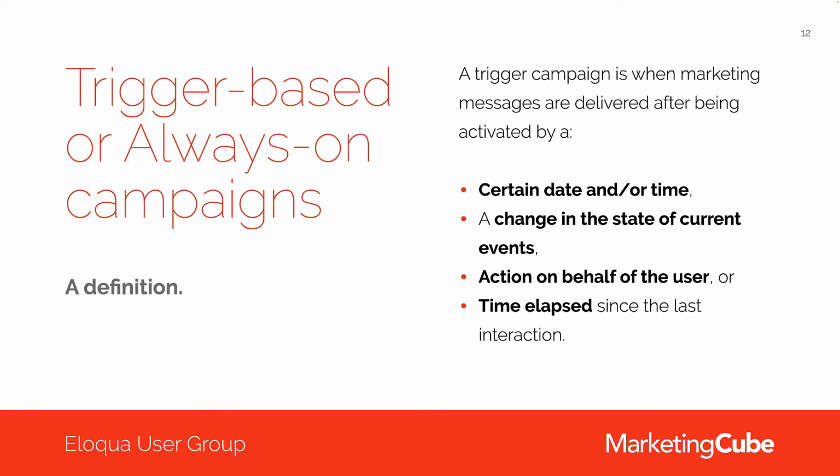If you think about a change in current events within your database, whatever that change may be, perhaps that's a trigger to add somebody to a particular campaign. There might be an action on behalf of the user. The user in this case is not the Eloqua user, but the person in your database, your target audience member.